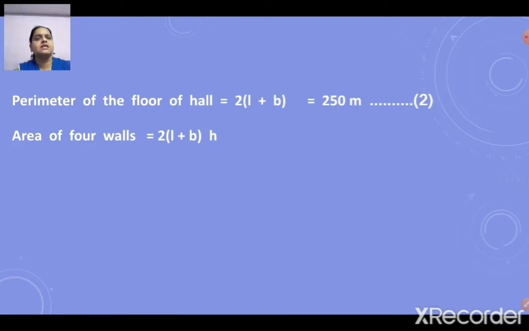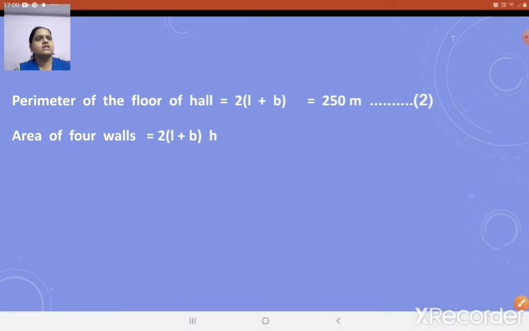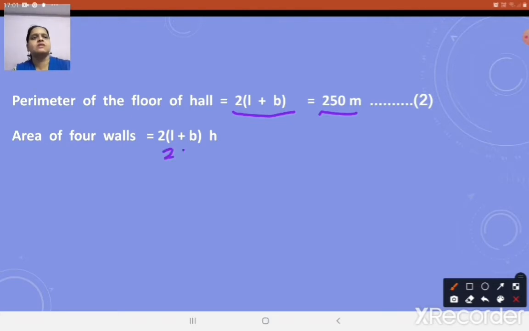It is the lateral surface area and the formula is 2 in the bracket L plus B into H. Or you can take 2H in the bracket L plus B. I have purposely taken H at the end because the value of 2 in the bracket L plus B is already given, so we can substitute that here: 2 in the bracket L plus B will become 250 into H.